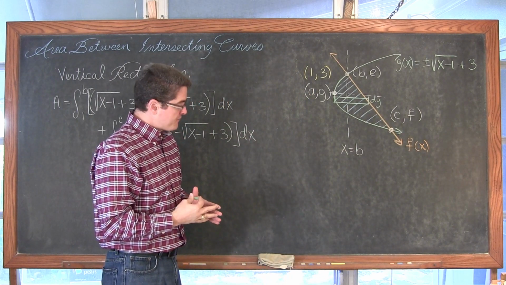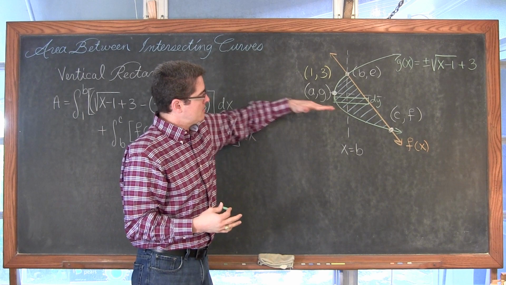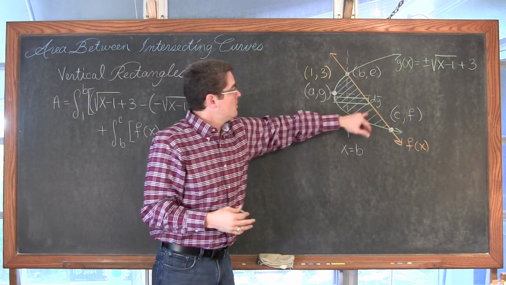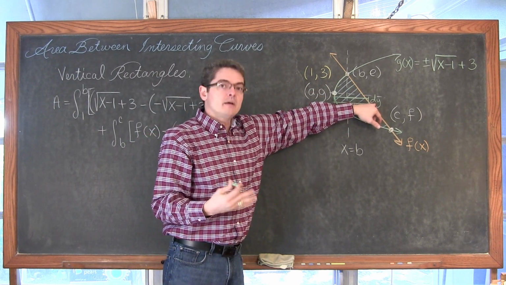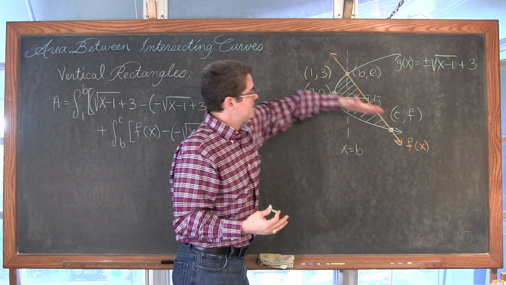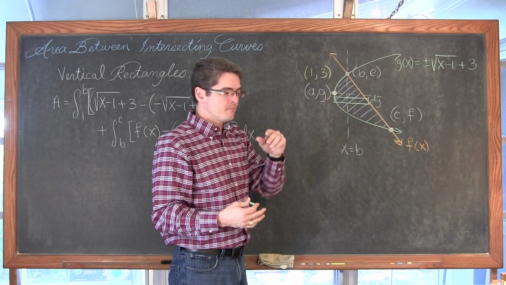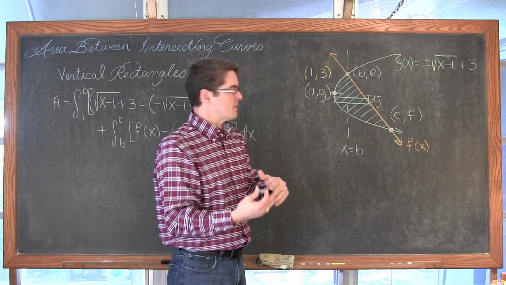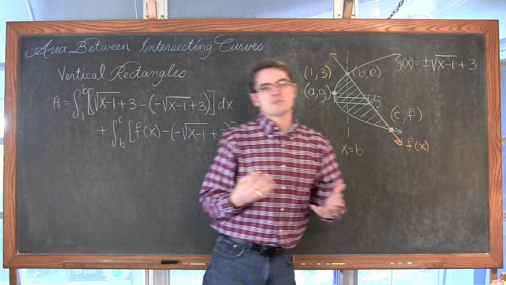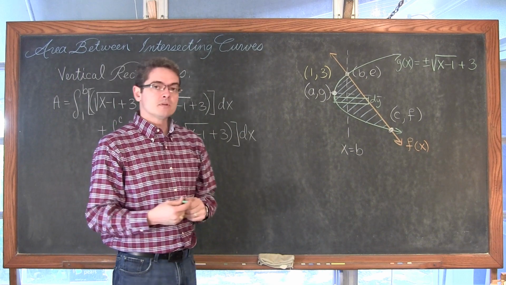Now, if I'm using horizontal rectangles with a width of dy, then it's going to be my y values that define my lower and upper limits. So I need to turn these equations around, and not have them in terms of x, but have them in terms of y.